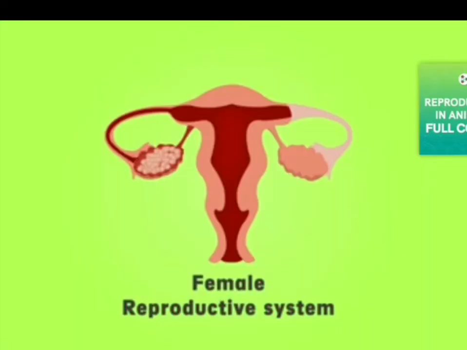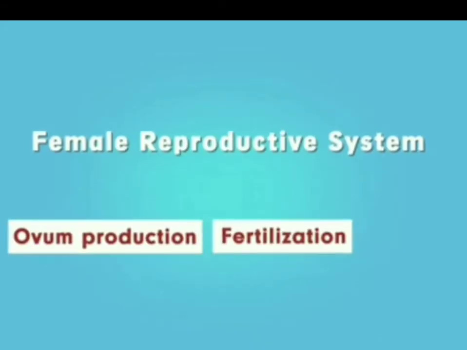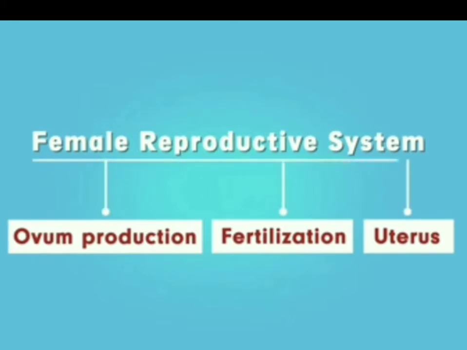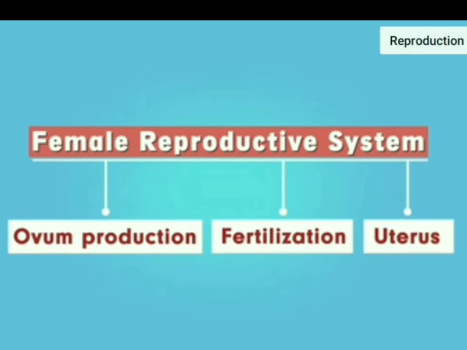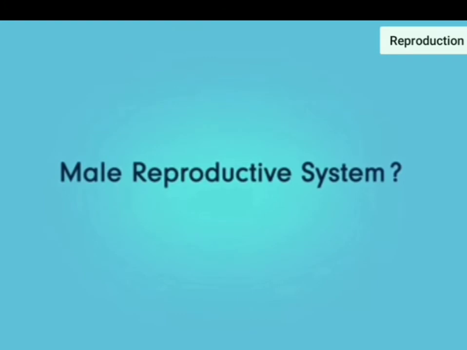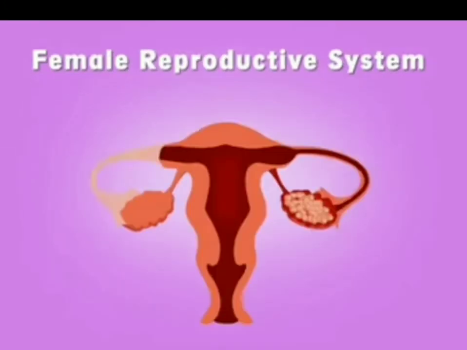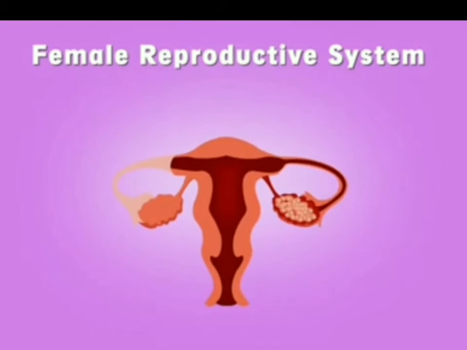Next, we will learn about the female reproductive system. The female reproductive system helps in ovum production. The female gamete is the ovum, and the female reproductive system is very complex because ovum production, fertilization and the growth of the baby all take place in it. So this is the female reproductive system.